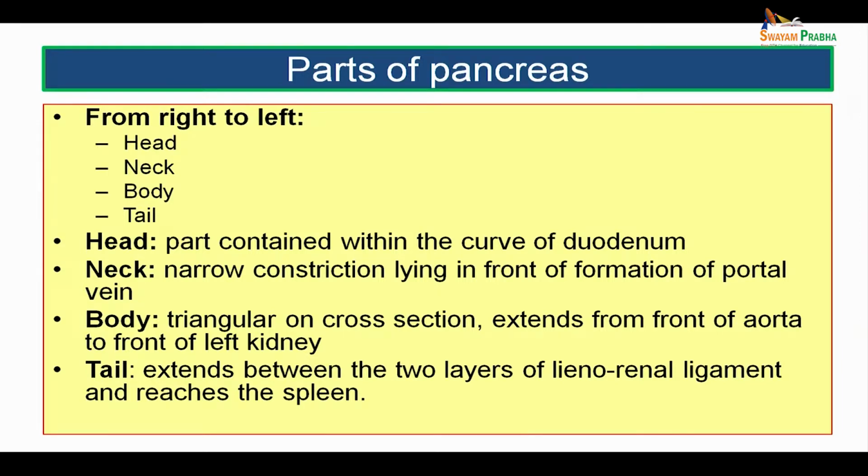Neck is a narrow constriction lying in front of the formation of the portal vein. Body is triangular on cross section, extends from front of the abdominal aorta right up to front of the left kidney. Tail extends between the two layers of the lienorenal ligament and reaches up to the hilum of the spleen.